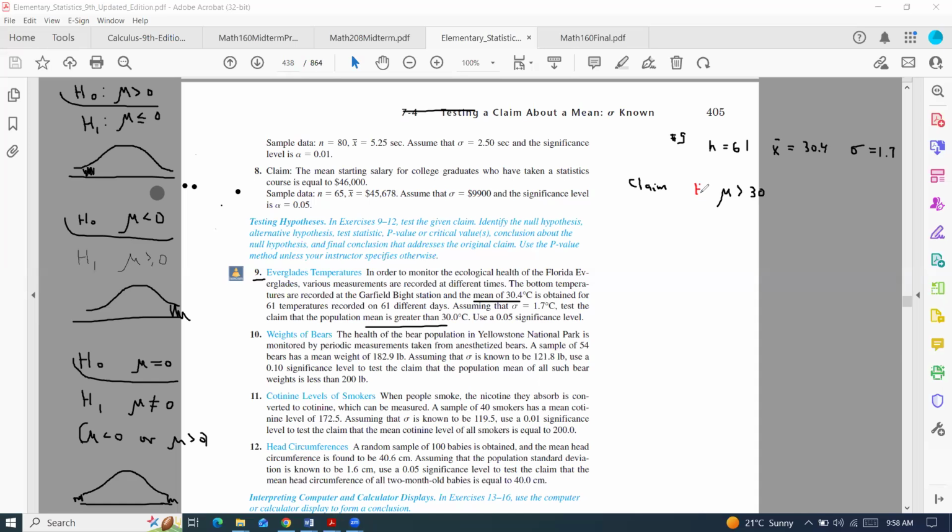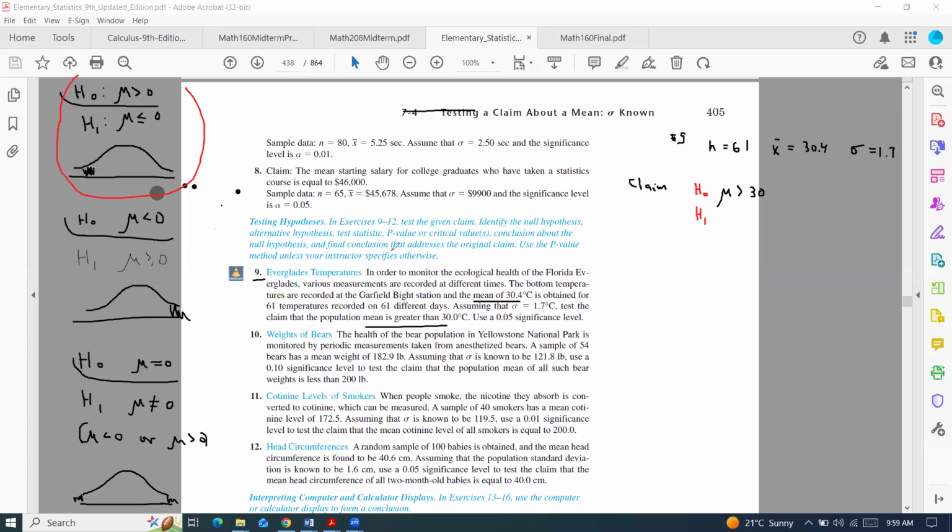First of all, notice this is like what we had in the first example here, the story of a claim which is greater than some number. So I set the hypothesis, put my claim, greater than 30, in it, and then I need to go for the rest of this story.